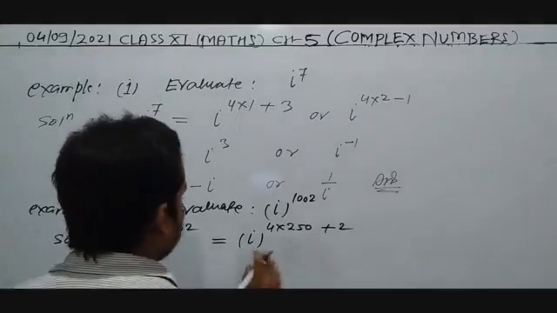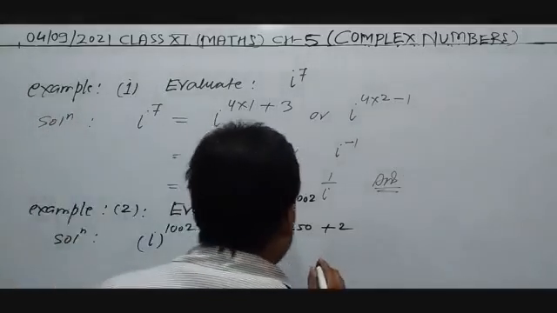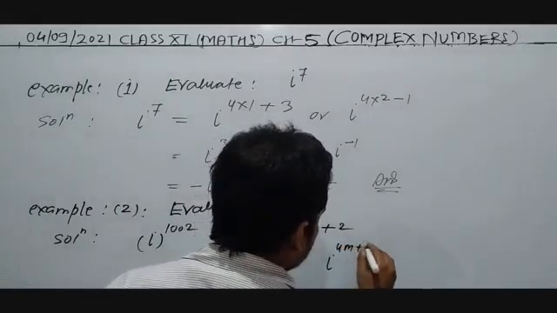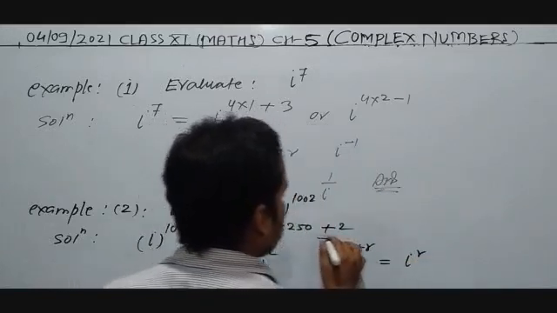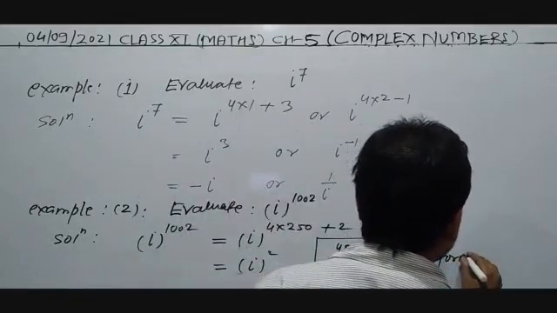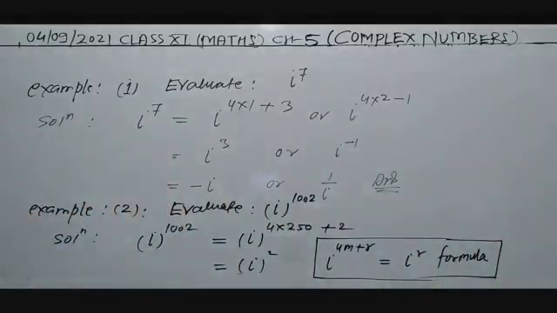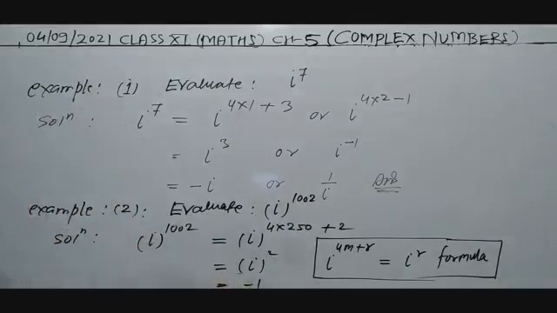Now this one we can write i to the power 2 by using the formula, and formula is i to the power 4m plus r we can write i to the power r. This is the formula, and its result is minus 1. Its result is minus 1. Now see the answer.